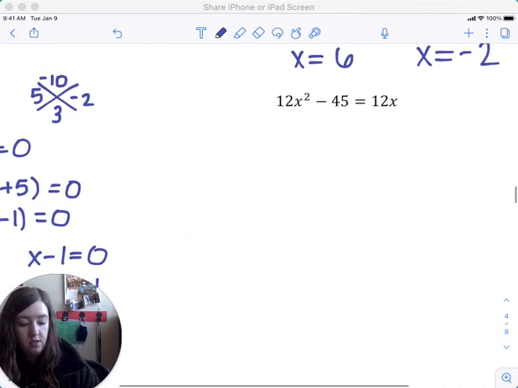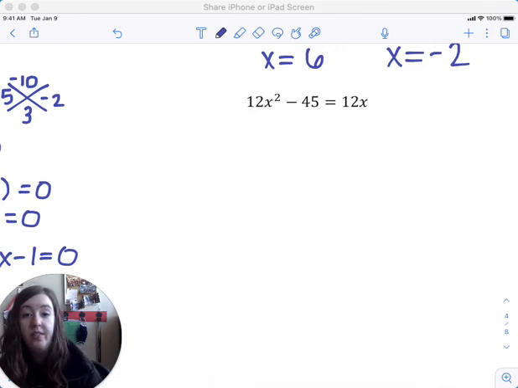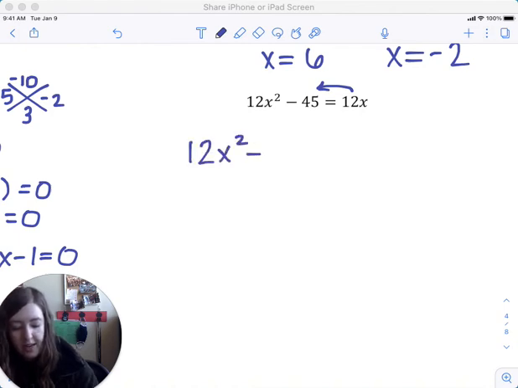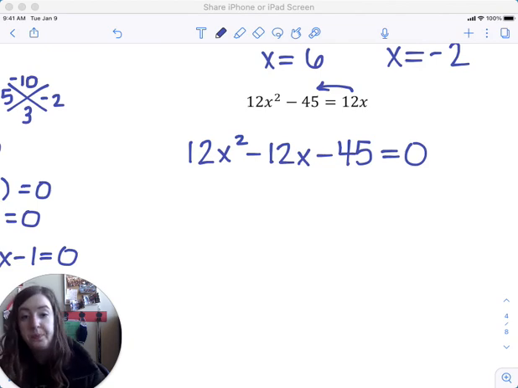All right. On this next one, we have 12x squared minus 45 equals 12x. Now remember, we want to get our equation equal to 0, and we want our x squared to be positive. So right now our x squared is already positive, so that means I'm going to move that 12x over to the other side. To move it over, I'm going to have to subtract 12x from both sides. So I have 12x squared minus 12x minus 45 equals 0.